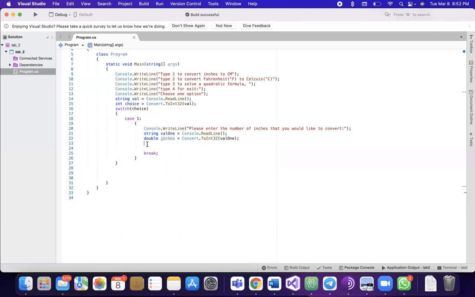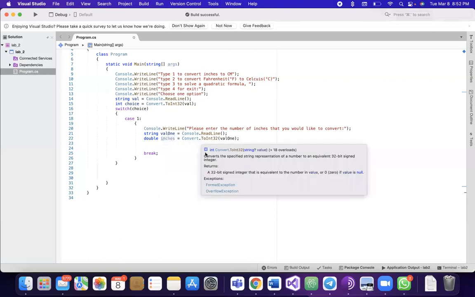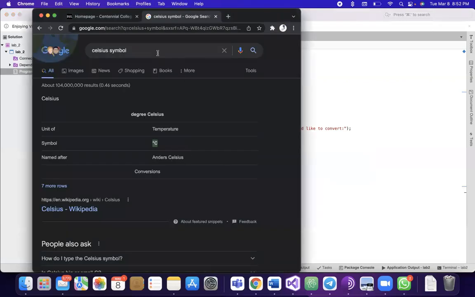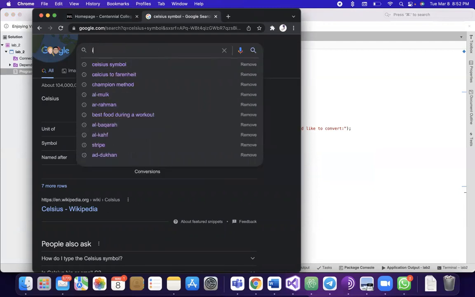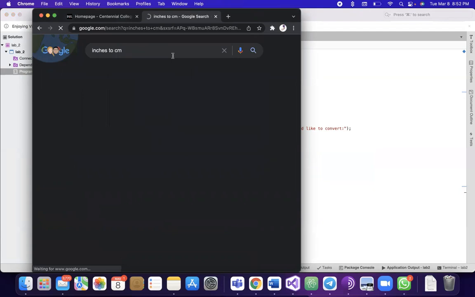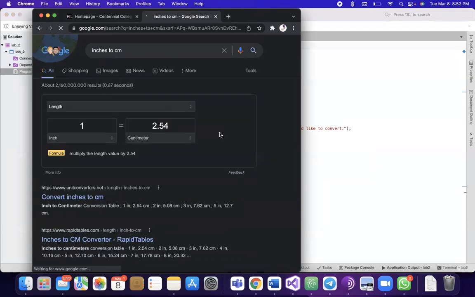Okay, so now what we have to do is find out what the formula is to convert inches to centimeters. That is 2 point something. I don't remember. I think we should Google that. Yeah, 2.54.